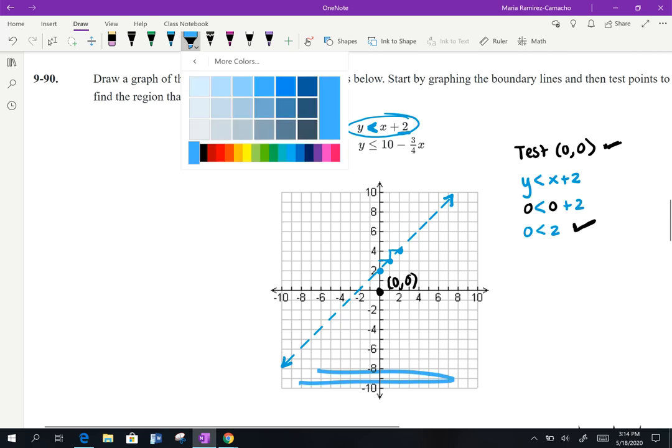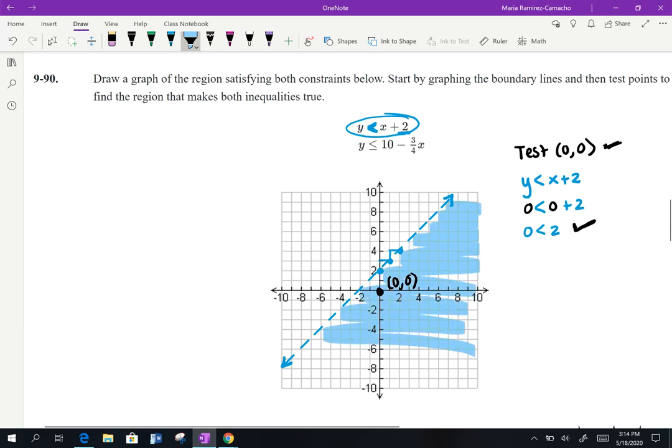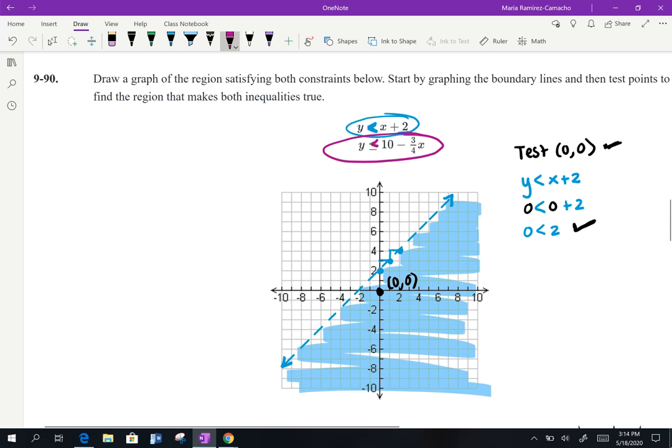Let's maybe pick a color lighter than that so you can see it. Okay, there we go. Awesome. Now let's graph the other inequality. This is less than or equal to, so that's going to be a solid line.